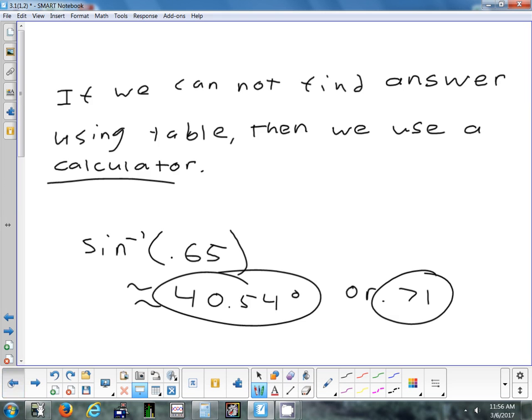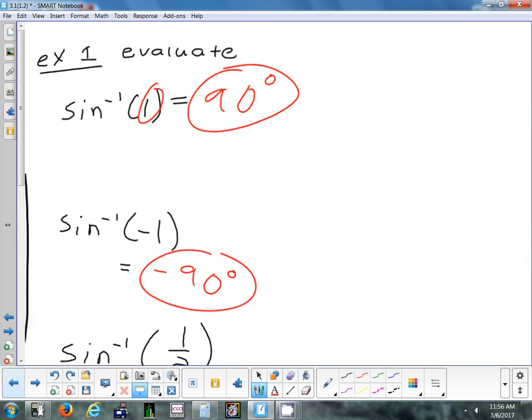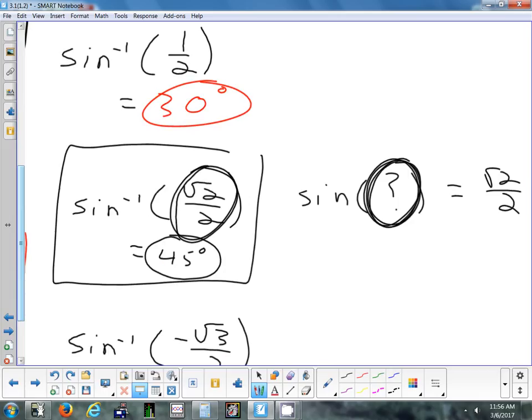So earlier, I wrote down, if I can find it, right here, to figure out the sine of something and get an answer of root 2 over 2. This is how you do that problem. And we did that together.